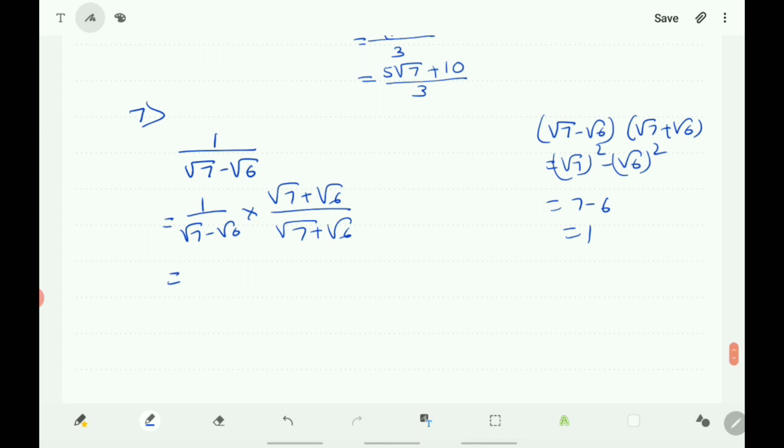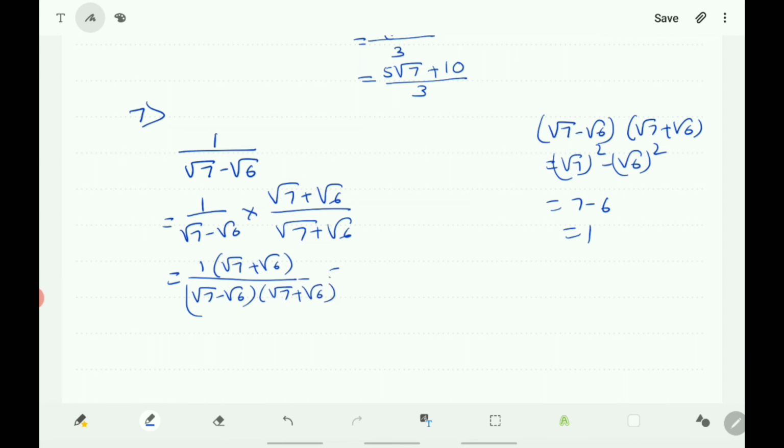Now here it is, the numerator becomes 1 into root 7 plus root 6, and the denominator is root 7 minus root 6 into root 7 plus root 6.